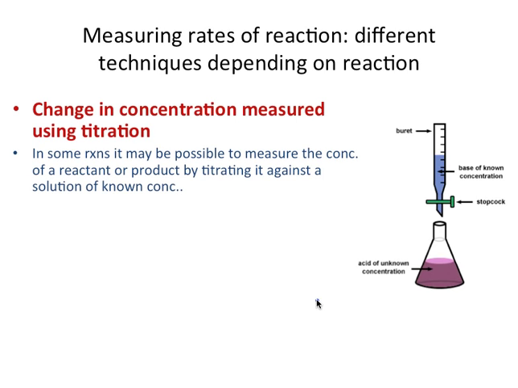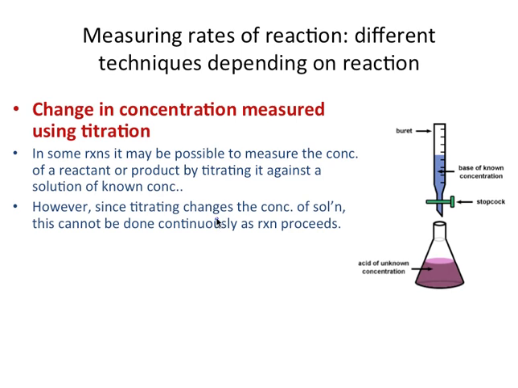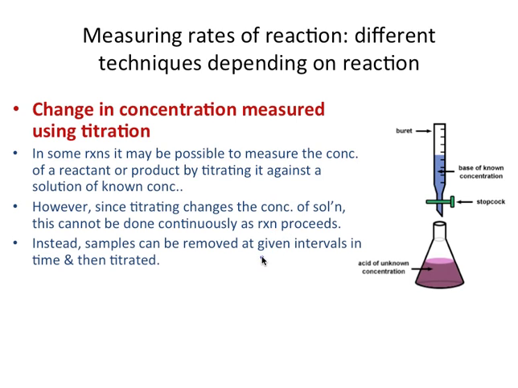It is possible to actually use titration to calculate the change in concentration. So in some reactions it is possible to measure the concentration by titrating it against a solution of known concentration. But you have to be careful because titrating does change the concentration of the solution, and you can't do this continually.